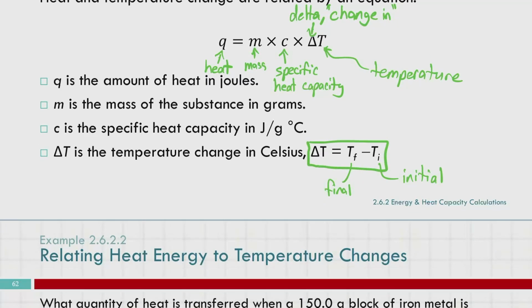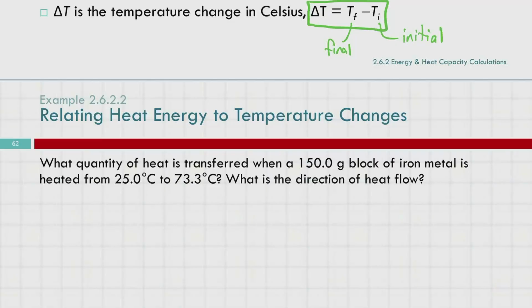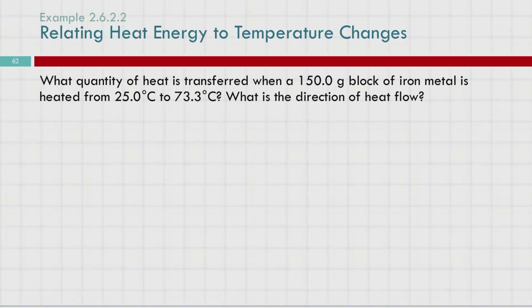So let's use this equation. Let's look at an example problem, how we would use this. So Q equals mc delta T. In this problem, looking at just the first sentence, what are we finding?